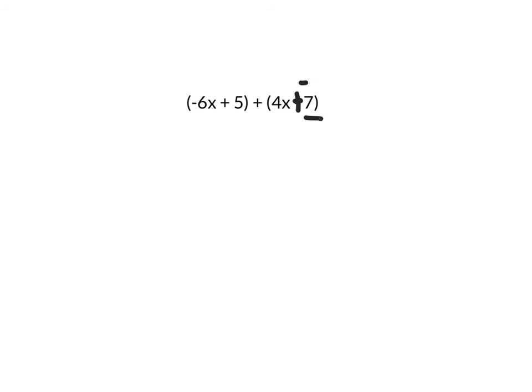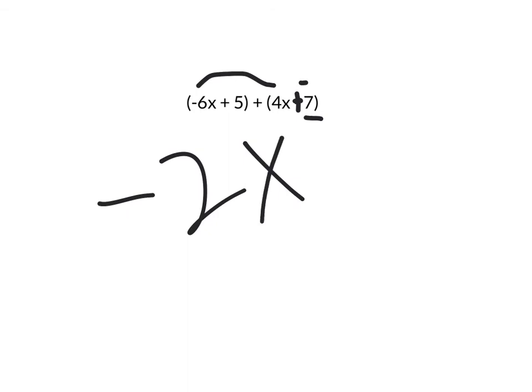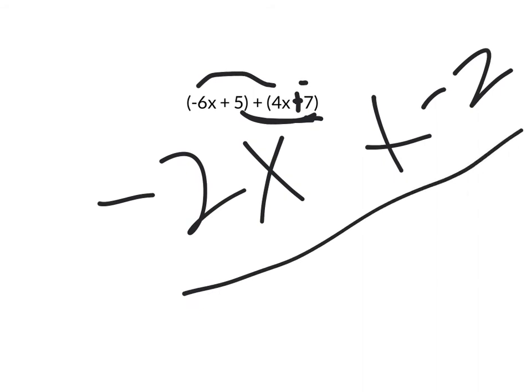Now we just add normally. -6x plus 4x is -2x. We add those because they're alike. And then 5 plus -7, which is kind of just like subtracting here, is -2. So it's -2x plus -2.